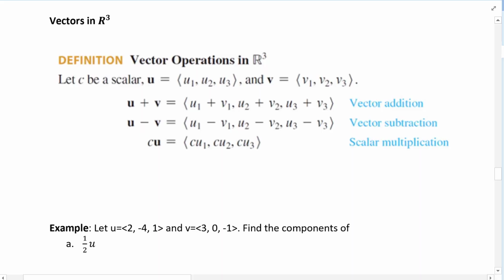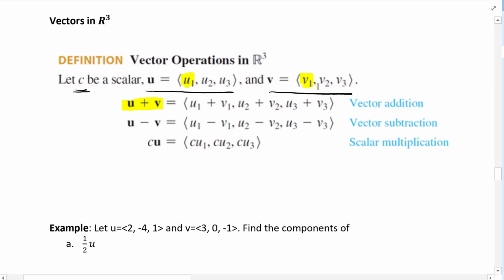In this video, we'll talk about vectors in R3. So if you have c to be a scalar, a constant, and u written in the form u1, u2, u3, and v1, v2, v3, if you want to add the vectors, you add them component-wise.